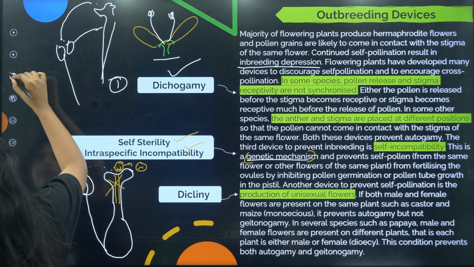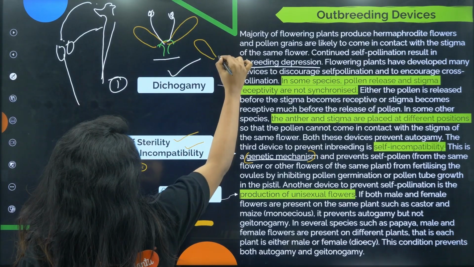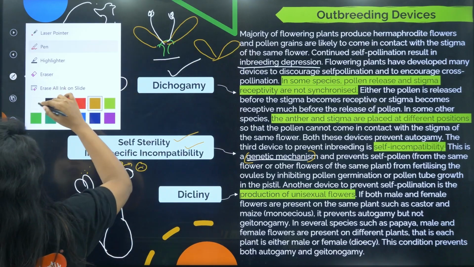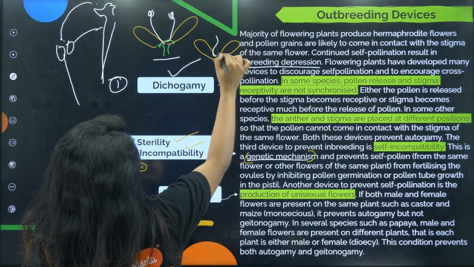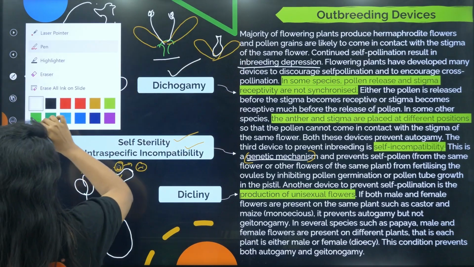Now in the second flower, you are putting just the female part and the male part is not there. This is also known as what, children?